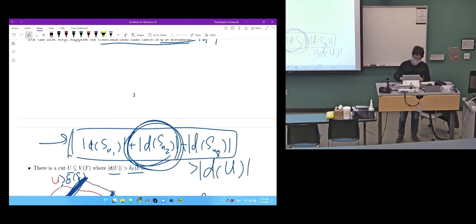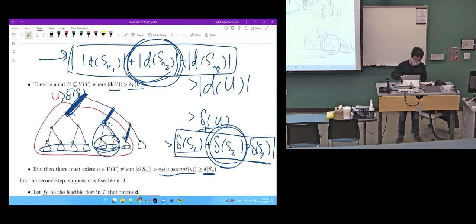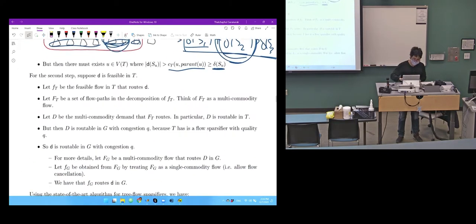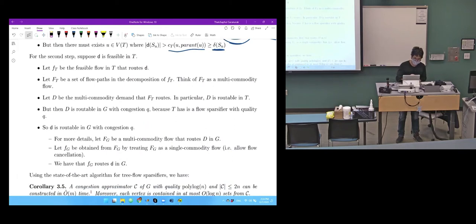Besides this issue, intuitively, anything routable in T should be routable in G with congestion Q. Okay, but let's verify it anyway.